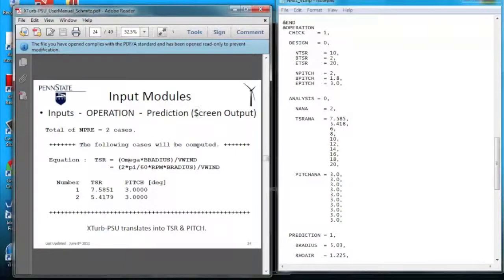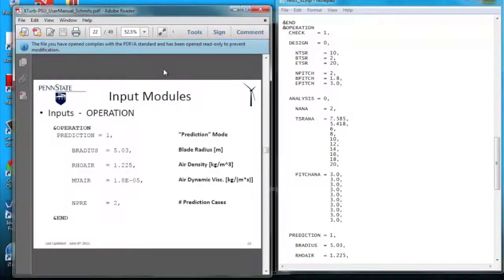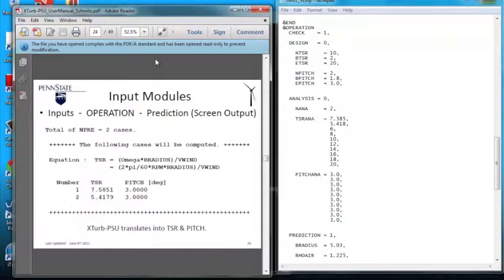So in screen.out, the physical inputs that we have here in terms of the wind speed in meters per second, the rotor RPM in units 1/minute, and the blade radius in meters over here is then being translated into the equivalent tip speed ratio.